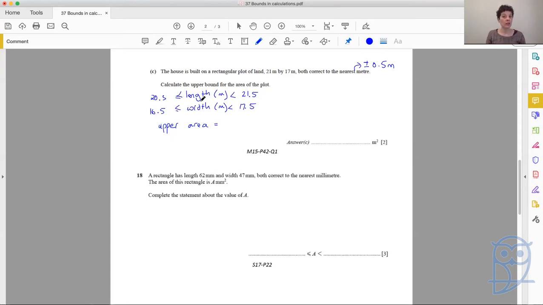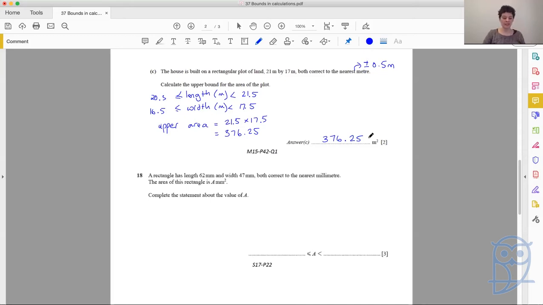Upper bound for the area of the square. So to get the biggest area, we need the biggest lengths. 21.5 times 17.5, and that gives us 376.25. So the upper bound for the area of this plot is 376.25 meters squared.